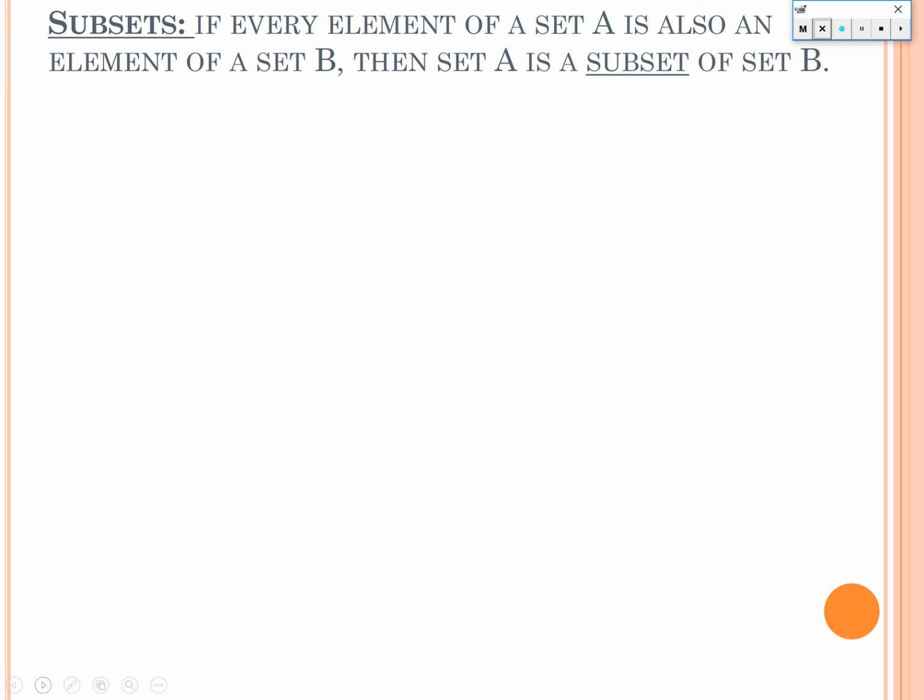We know not every set is named A or B. It's just the generic placeholder there. If every element of a set A is also an element of set B, so everything in A is also found in B, A is a subset of B. If every single element, every single thing in A is also found in B, A is a subset of B.